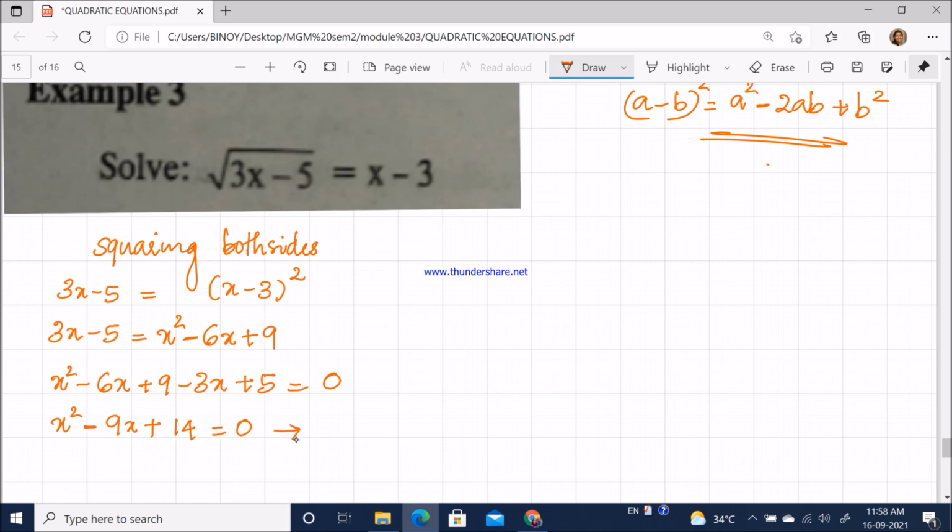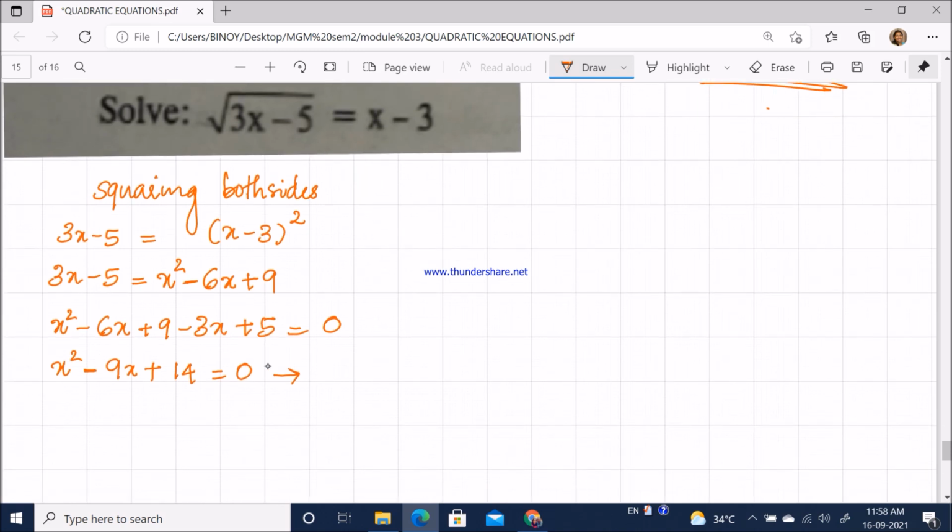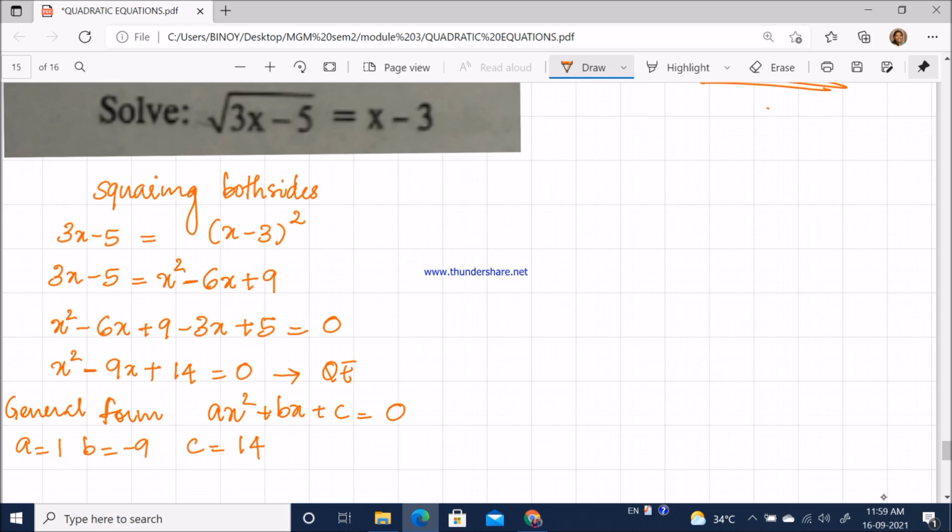So this is the quadratic equation. The general form of the quadratic equation is ax square plus bx plus c equal to 0, where a is equal to 1, b is equal to -9 and c is equal to 14.